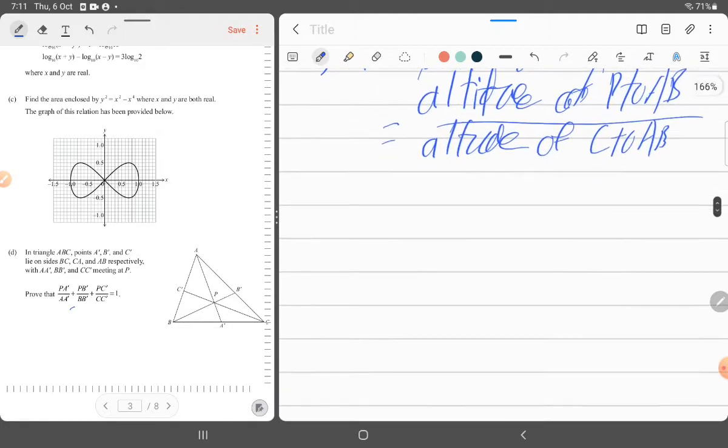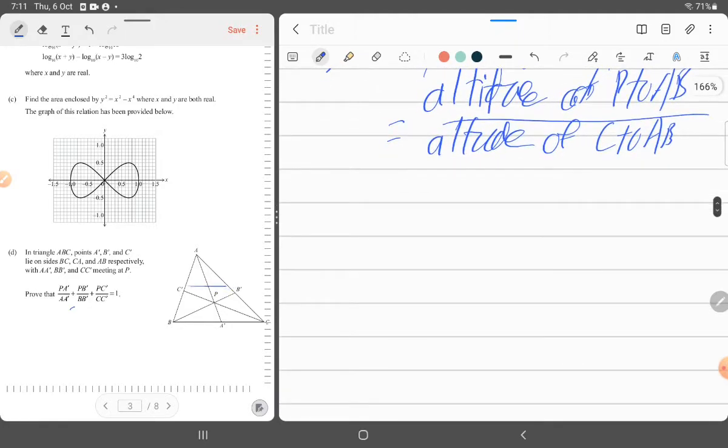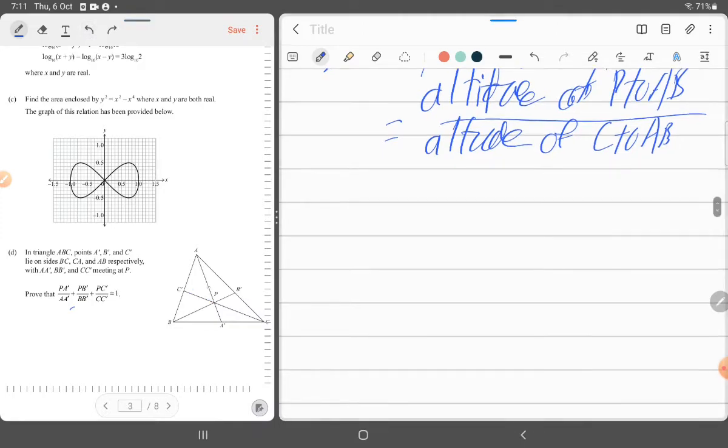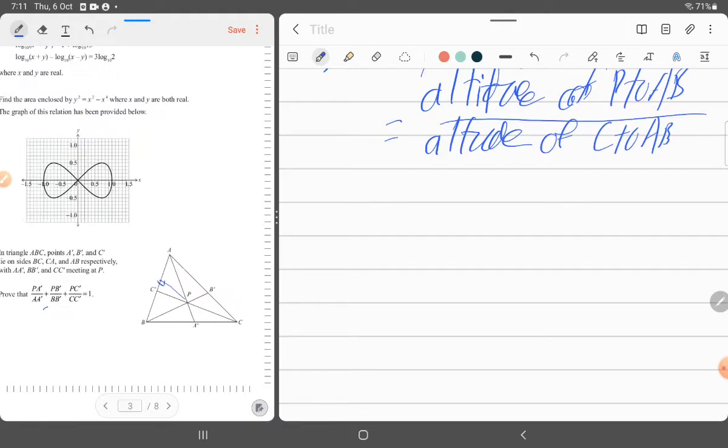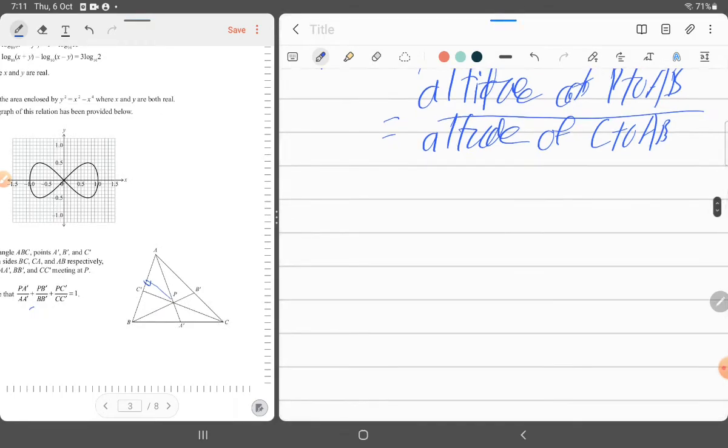Then let's create a triangle. So this angle triangle, and this angle triangle.